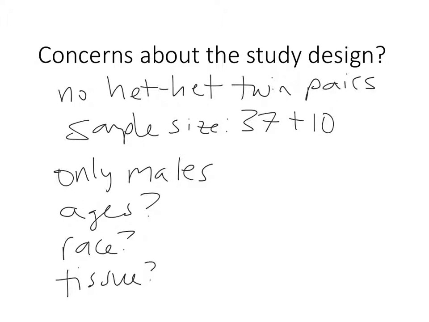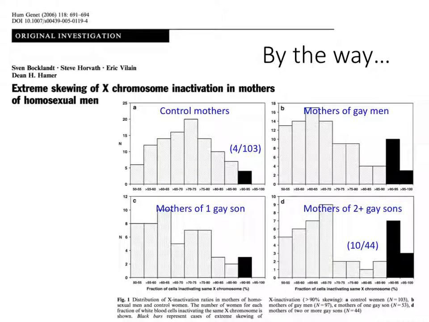Maybe you want to take brain samples from people and test. That's why they didn't, of course. It's hard to get people to agree to give brain tissue for these sorts of studies, but it's an important question. Are they looking at the right tissue type to be able to answer this question? And there are probably many more concerns as well.